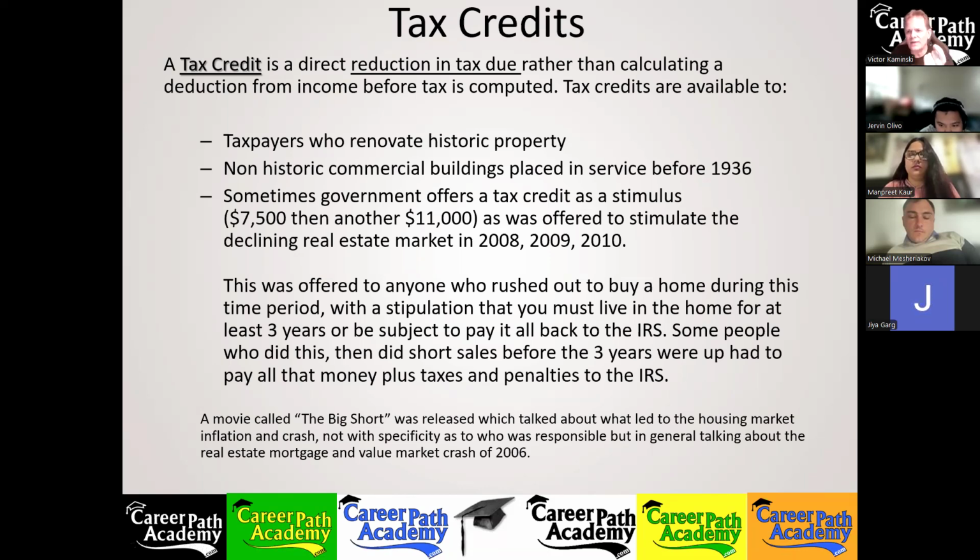This happened when we had the real estate market crash in 2006. Well, to try to stop that continued decline, in 2008, our politicians tried offering a $7,500 tax credit to any buyer that would rush out and buy a home.